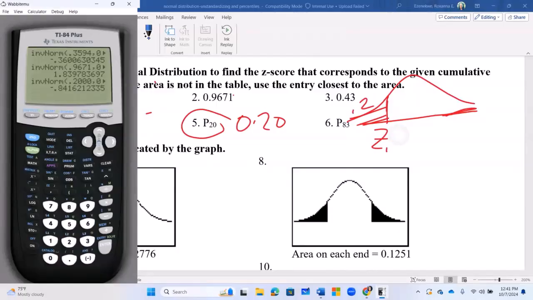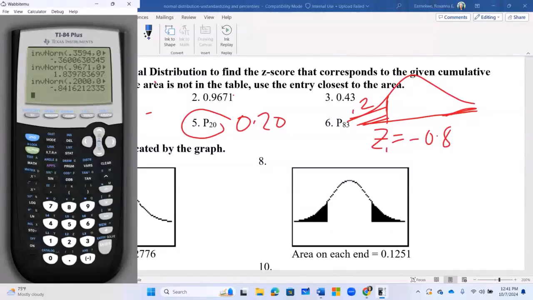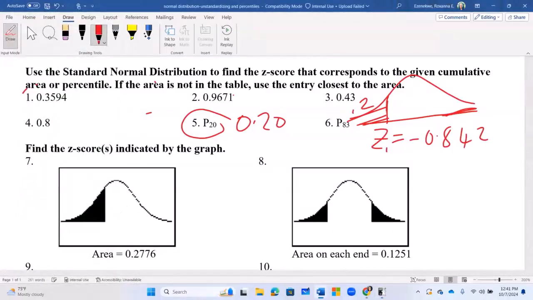And so I have negative 0.842, negative 0.842.